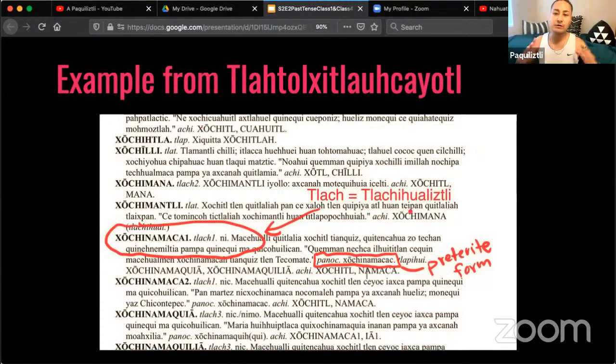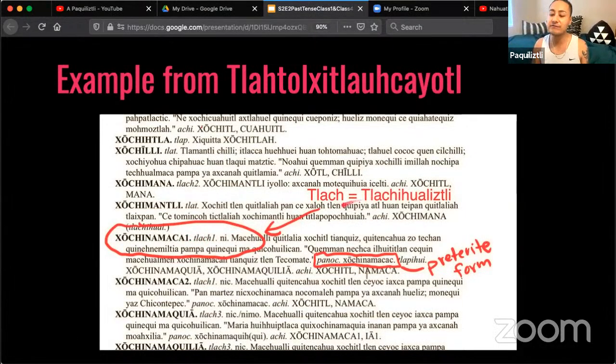If you go look at that big PDF, which is called the Tlahtol Xitlahcayot, that dictionary has all the definitions of verbs in Nahuatl, but it's only written in Nahuatl. So for example, here I have an entry. It says Xochinamaca, which you may or may not know means to sell flowers. Xochinamaca. And if you notice after Xochinamaca, it says Tlach.